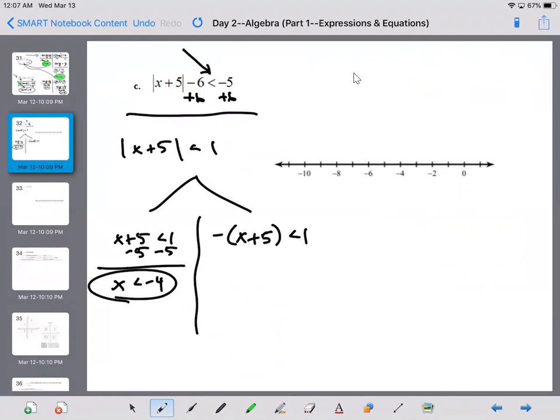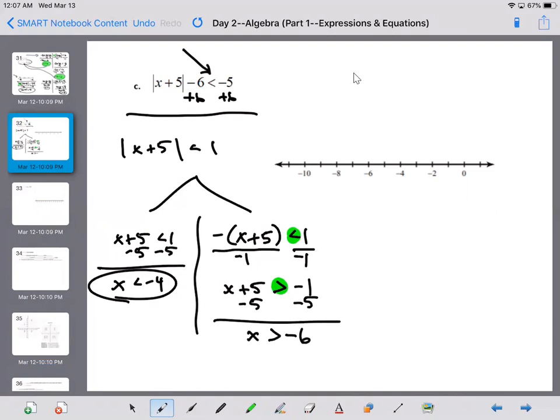And then over here, I'm going to divide by a negative. So remember what happens when we divide by a negative? That reverses the sign here to here. And that will be 1 divided by negative 1, which would be negative 1. If I keep going, I'm going to get x is greater than negative 6.